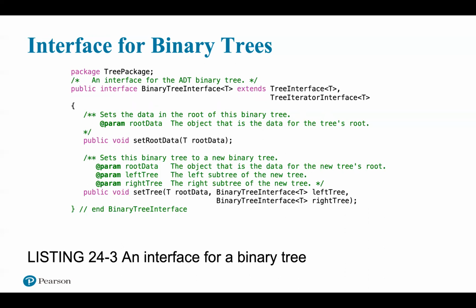We can define an interface for a basic binary tree by adding methods to those already in the tree interface and the tree iterator interface. Since a Java interface can extend more than one interface, we can write the interface shown in Listing 24.3 for a class of binary trees. And you can see the things that it's extending.